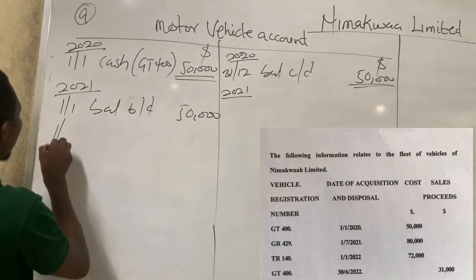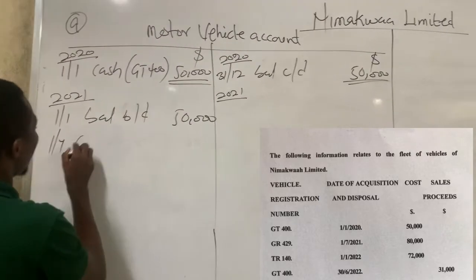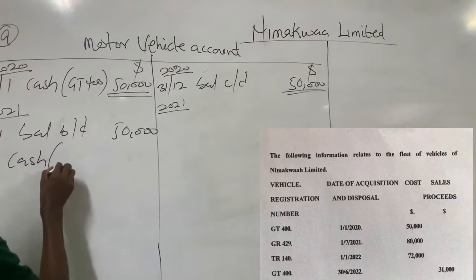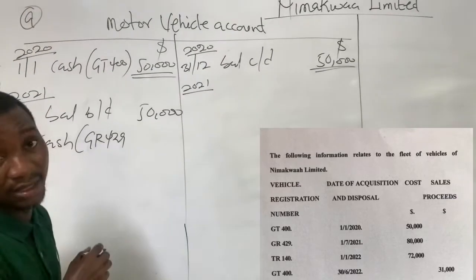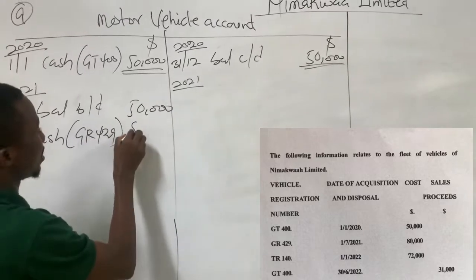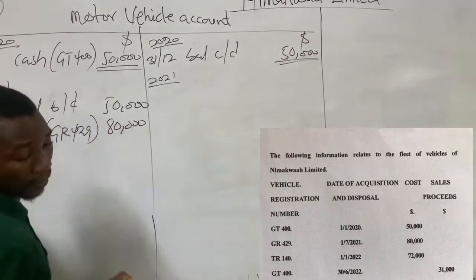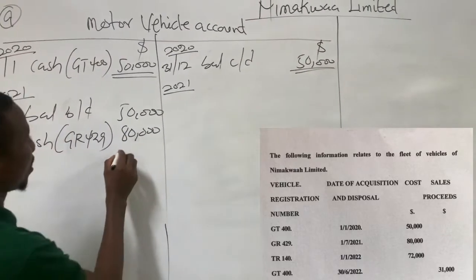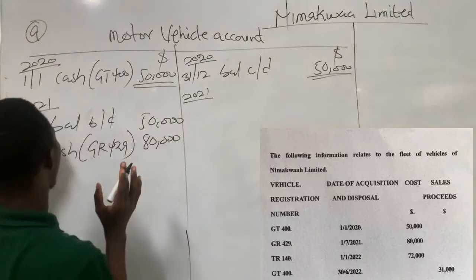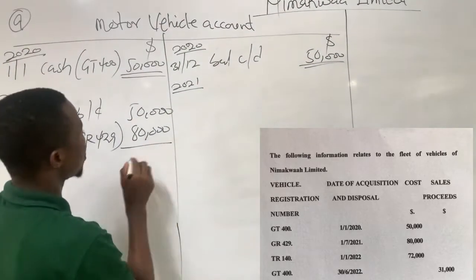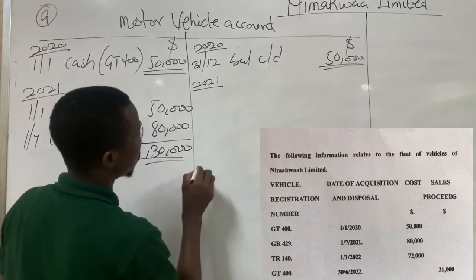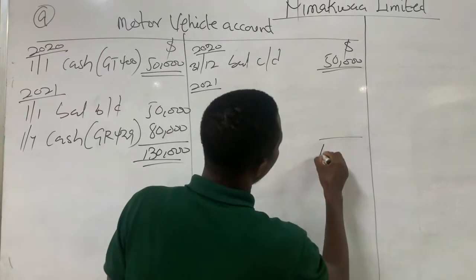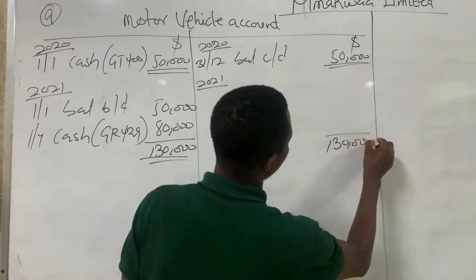We acquired an asset by cash, and that asset is JR429, and that is 80,000 from our question. Is that okay? We didn't acquire any more assets in 2021, so we close the account. That would be 130,000.